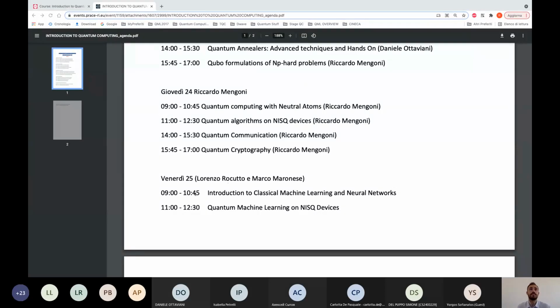Today is Thursday, so this is our timeline for today. We're going to see something about quantum computing with neutral atoms. Basically, Sinega has collaborated with a French startup, Pascal, and they are using neutral atoms trapped inside a chamber, and they use pulses to perform quantum computation.